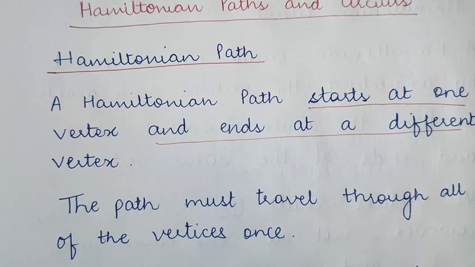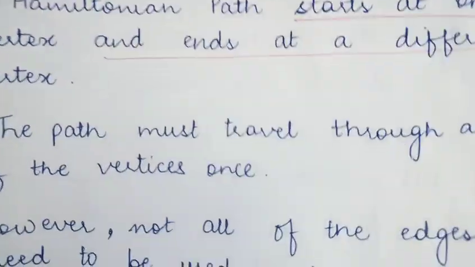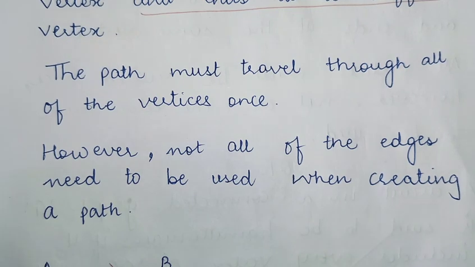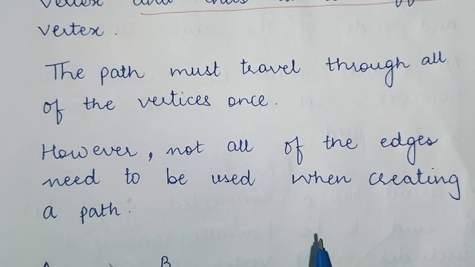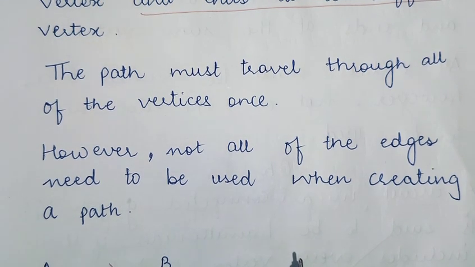You cannot leave any vertex, nor can you traverse any vertex more than once. However, not all of the edges need to be used when creating a path. So this compulsion that all the vertices of the graph must be visited does not apply to the edges of the graph.